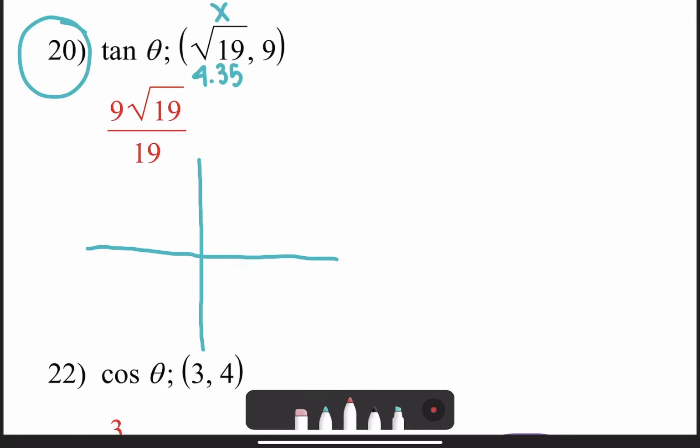So what you're going to do is draw your triangle. So I'm working with a positive number. It's square root of 19, which is really just about 4.35, and then I'm working with a positive 9. So now in my triangle, my x is square root of 19, and my y value is 9. Now, luckily, since we want tangent of theta, we don't even have to find the hypotenuse.